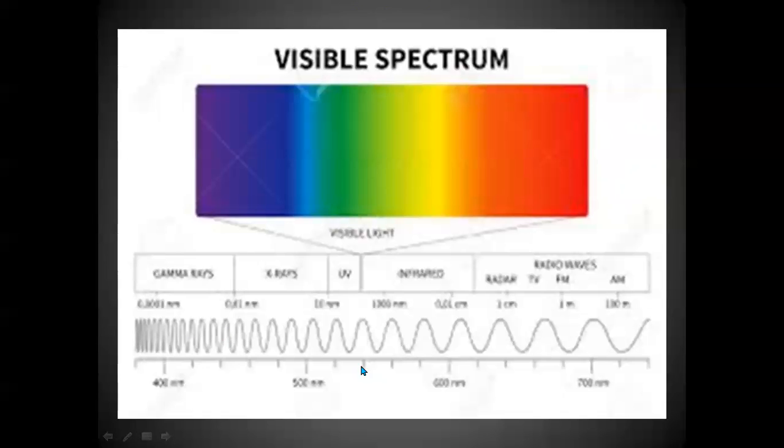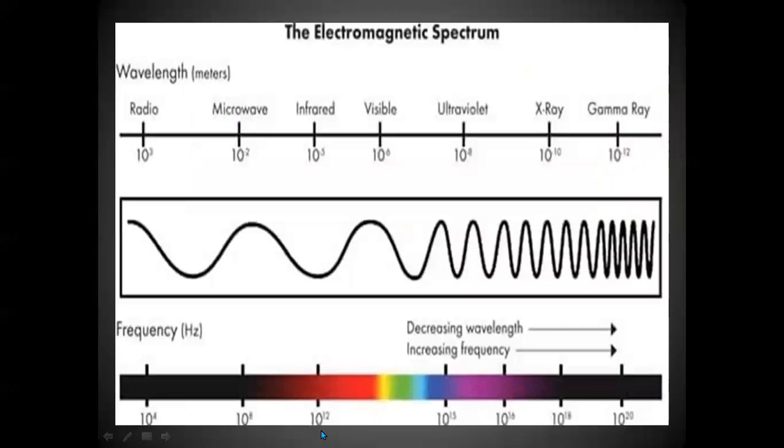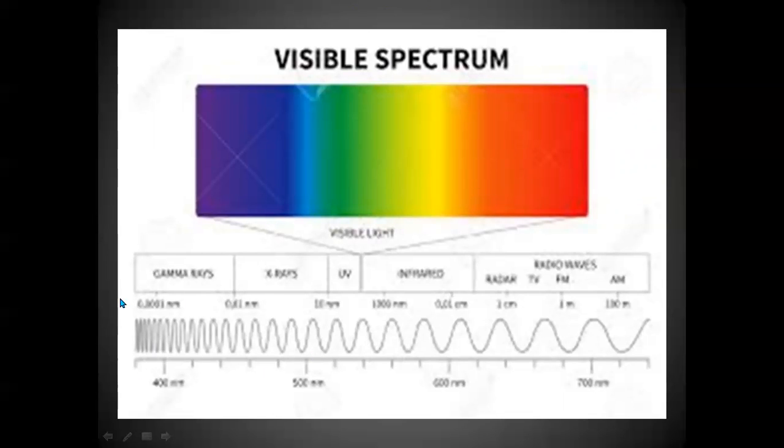This is from left to right. The previous two figures were from right to left. Now we have gamma rays on the left, so energy decreases from left to right. Frequency decreases from left to right, whereas lambda increases from left to right.